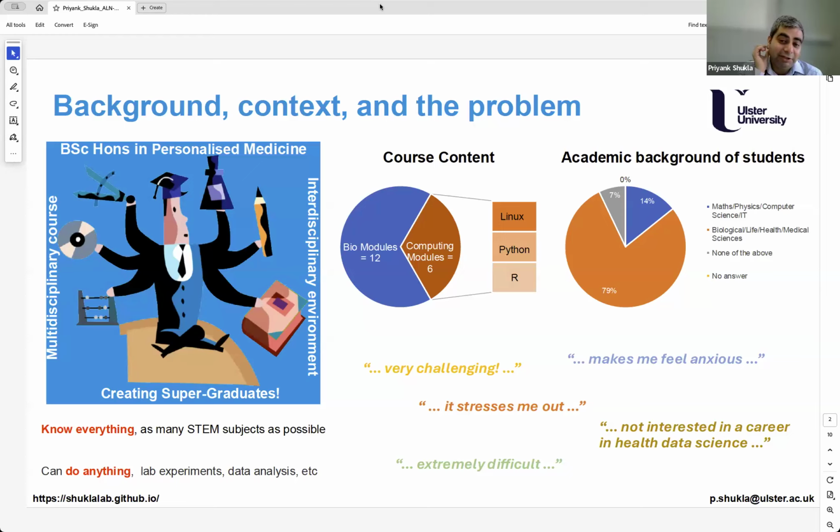And every semester we teach one programming language and keep on improving to the next semester as well. And this is the feedback, what you see in this slide is very normal. Every year I see that everyone says that it's very challenging. It stresses me, feels anxious, and most of them almost saying not interested in a career in health data science.